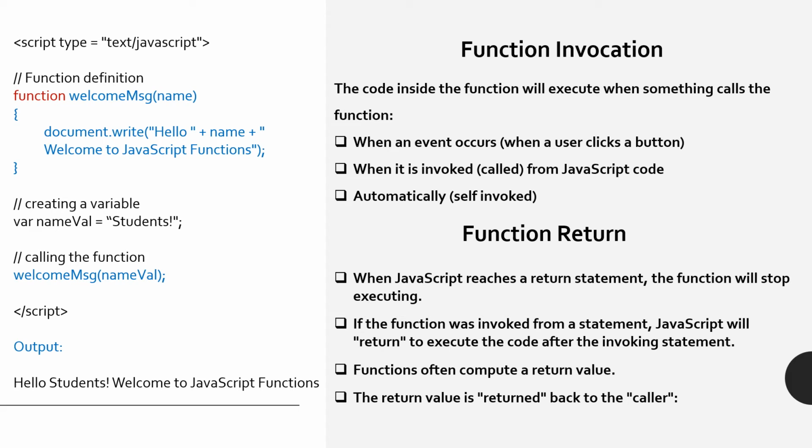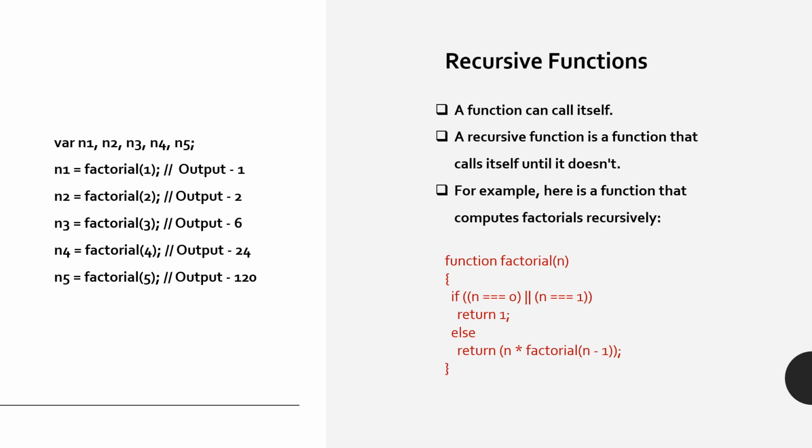Normally the function of the return statement is to return the value back to the caller program. Now you got an idea about functions. Another thing is that a function can call itself. The same function can call itself.